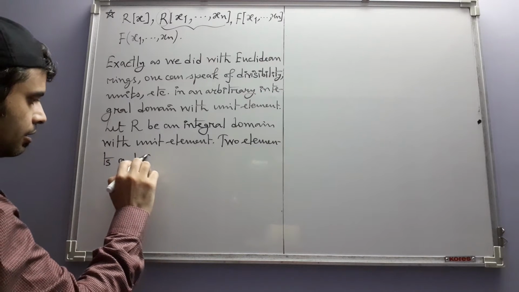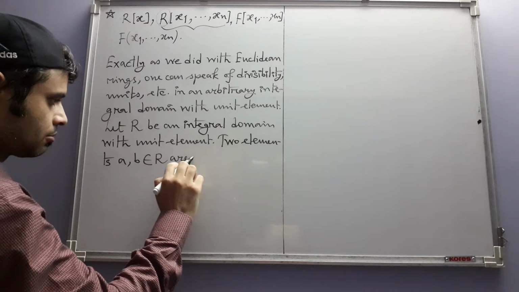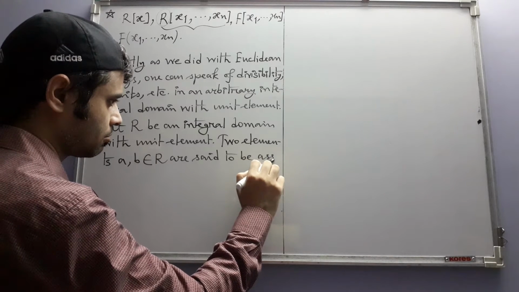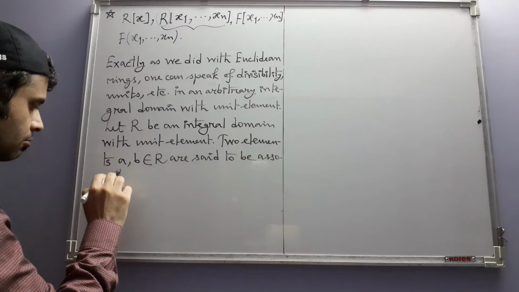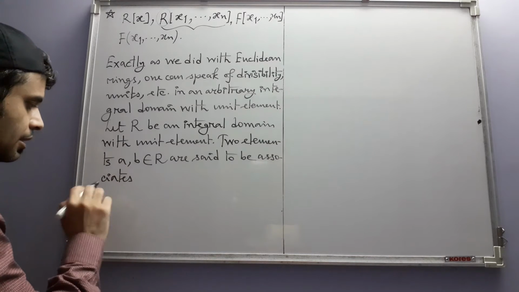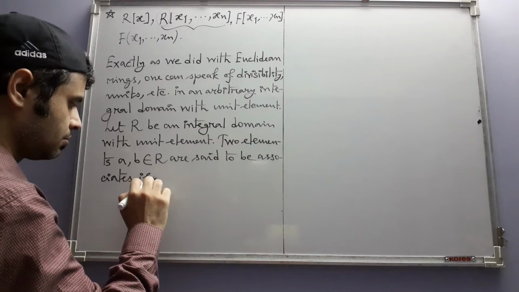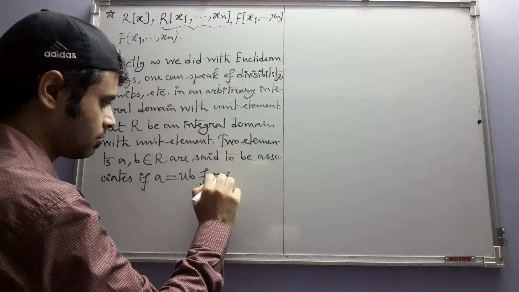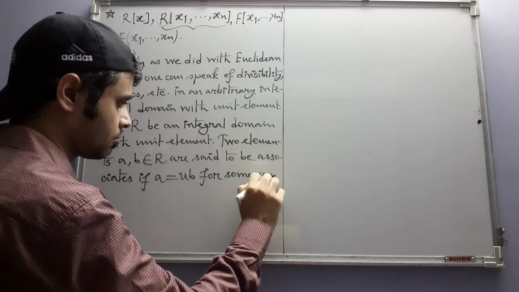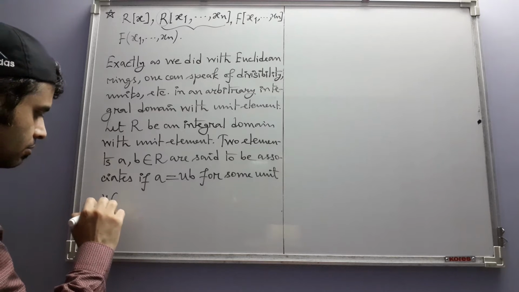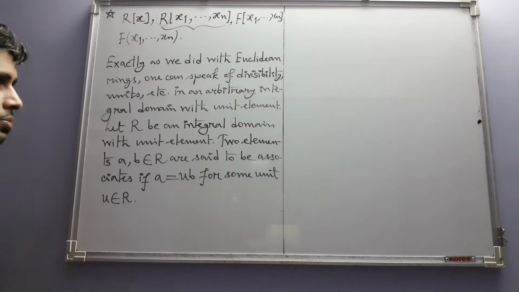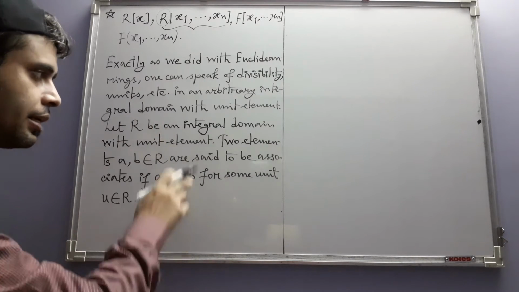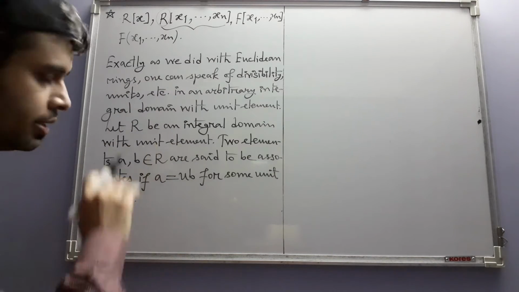Two elements a and b in R are said to be associates if a = ub for some unit u in R. So you can see that this is the same definition that we had for a Euclidean ring.